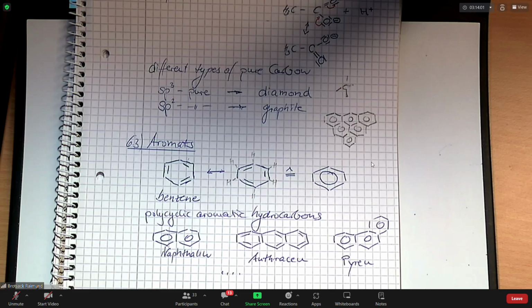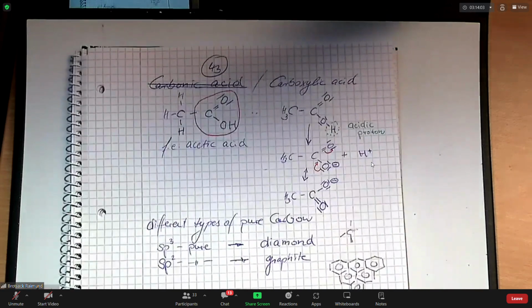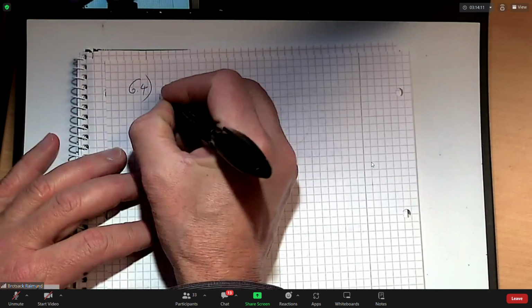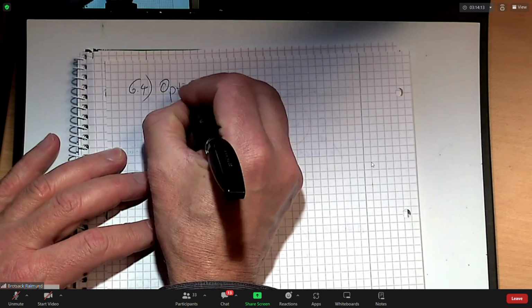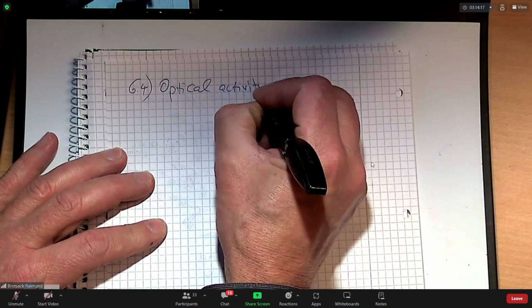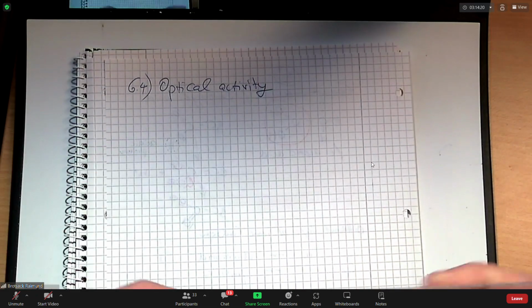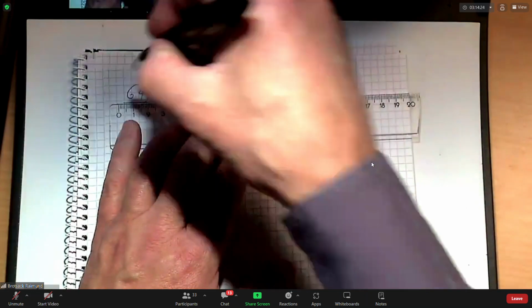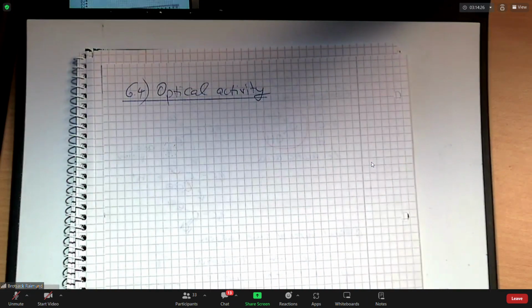There is another very interesting topic in organics. We call it optical activity.